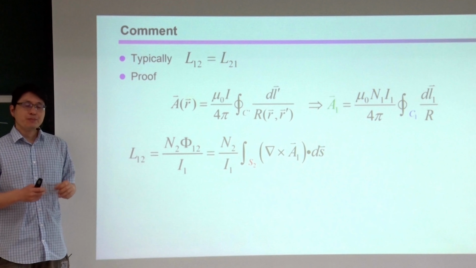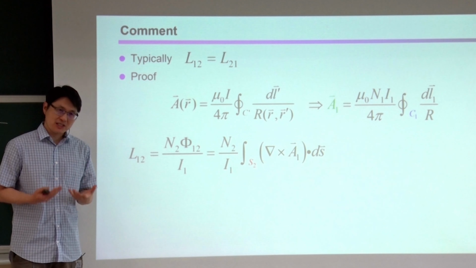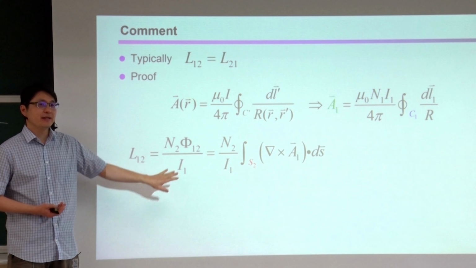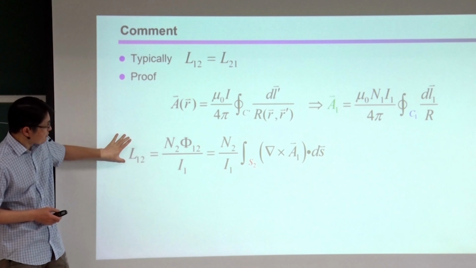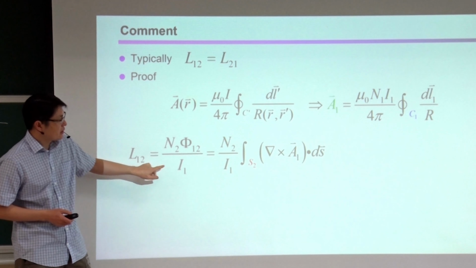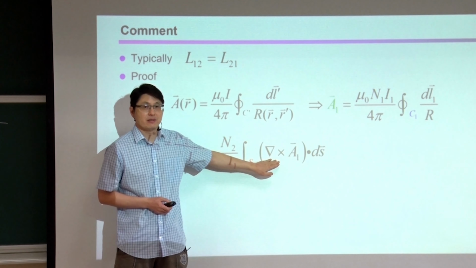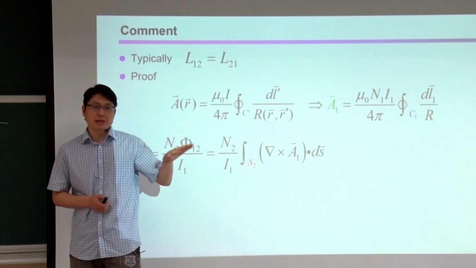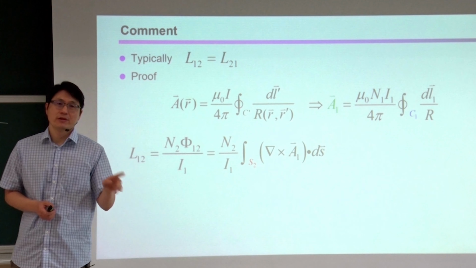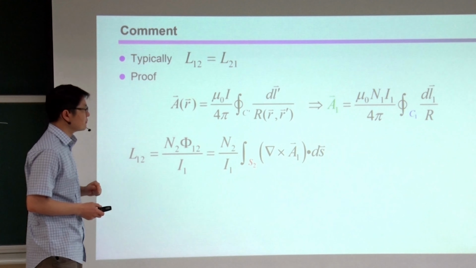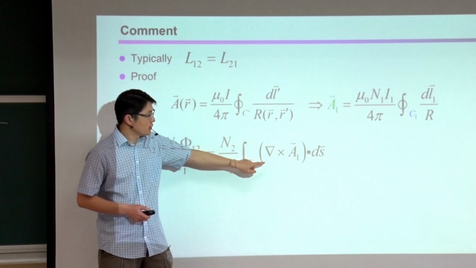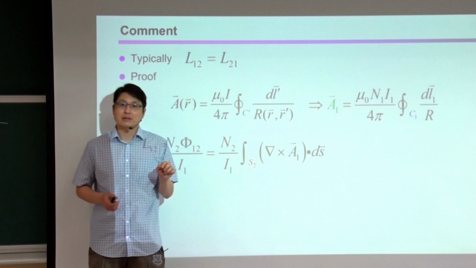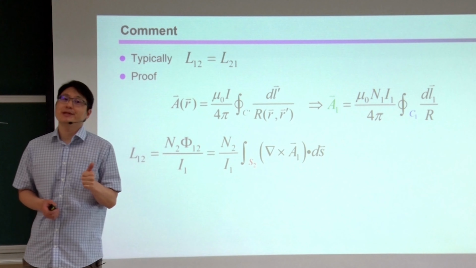But eventually, inductance is more concerned about the flux linkage, right? And then divided by the operational current. So we can formulate L12 using the knowledge of the vector magnetic potential of loop number 1. What am I trying to write here? Curl of A1 is B1, right?